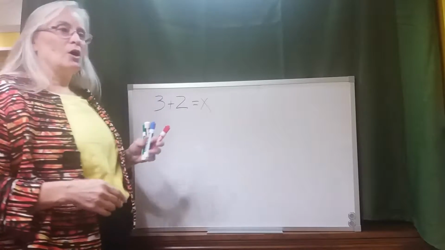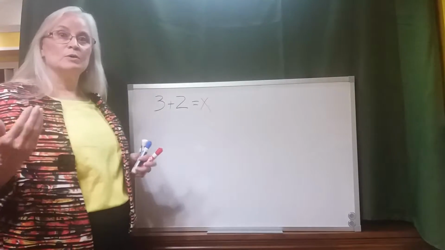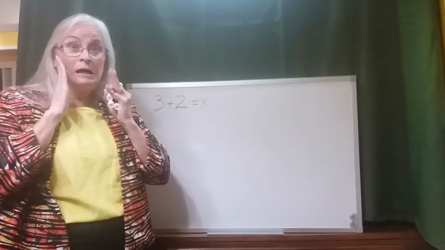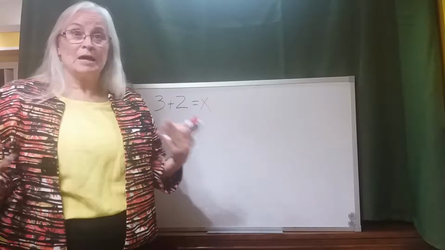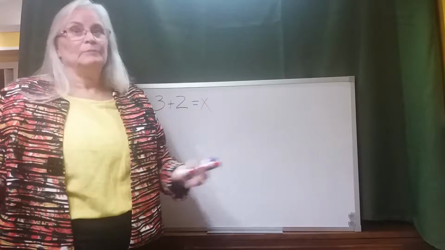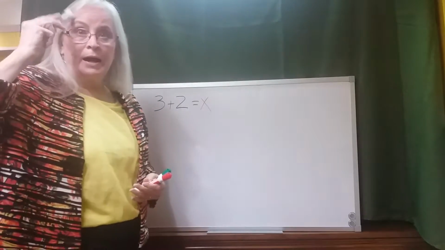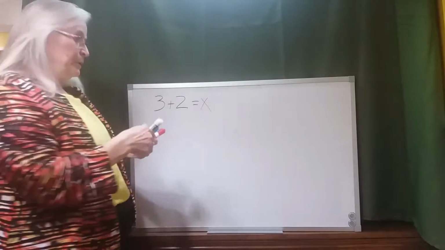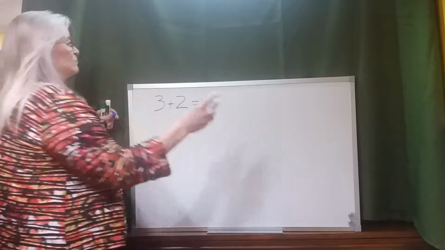All right. So, when you see a problem, 3 plus 2 equals X, you all of a sudden say, what does this mean? What is X? I don't know how to do X. How do you do math with the letter? Easy. Watch this. Keep in mind, first grade, second grade, it was a blank, okay? So we're going to change this up a little bit.